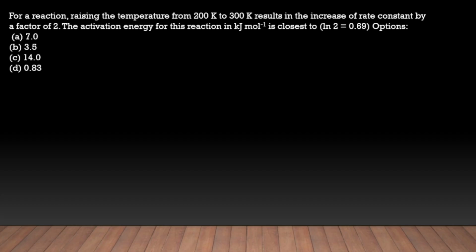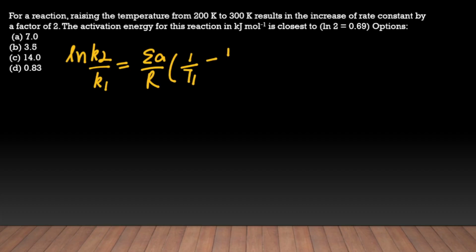So this is from the Arrhenius concept when two rate expressions are given. ln of k2 upon k1 is equal to Ea upon R into 1 by T1 minus 1 by T2. Now it is given that when the temperature is increased, the rate constant value increases by a factor of 2, so k2 by k1 is 2. This Ea we have to find out.